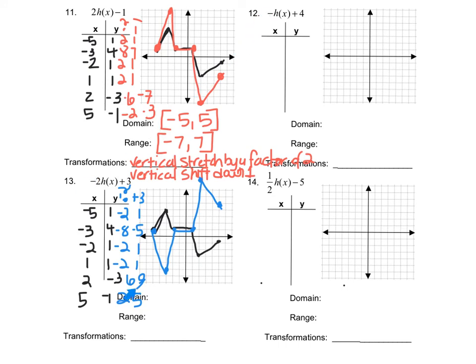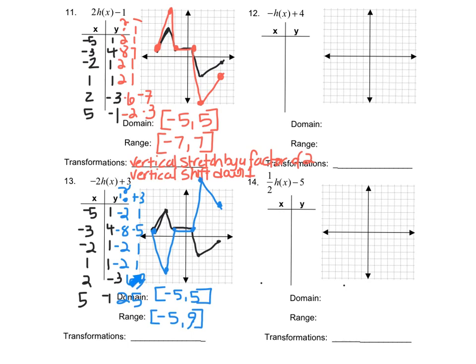So let's pause and do domain and range, and then we'll talk about transformations. Don't forget, domain is left to right, range is bottom to top. Bottom of the graph is -5. Top of the graph up here is 9.